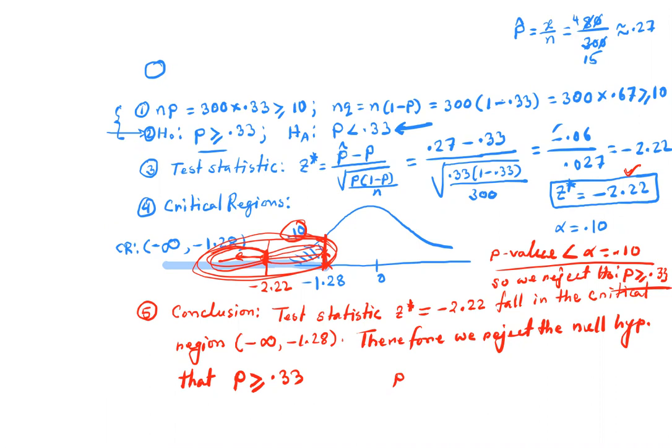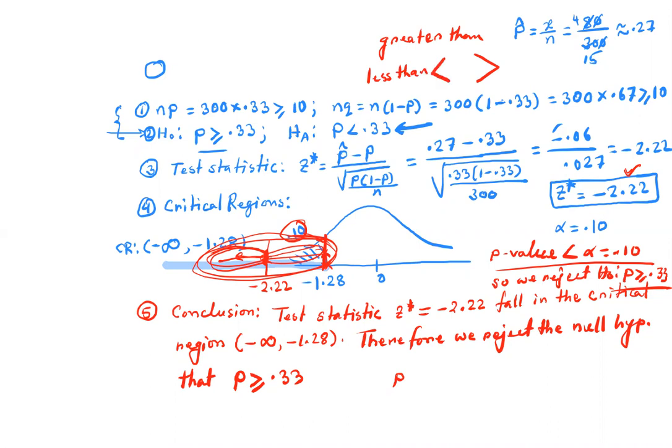I have a question. How do you know if it's a one-tail or two-tail test? Oh, okay. That's one source of confusion for students. If you're testing for greater than, if the problem states greater than, then you're going to be right tail, or less than, then you're going to be left tail.